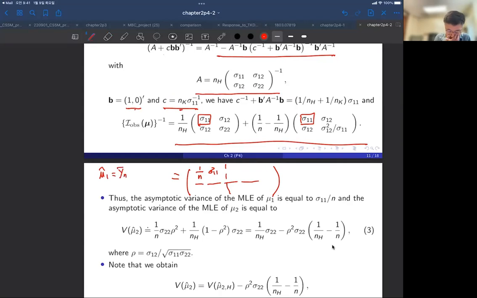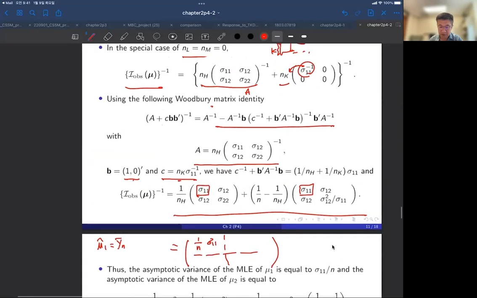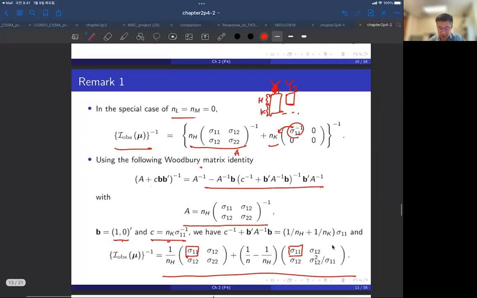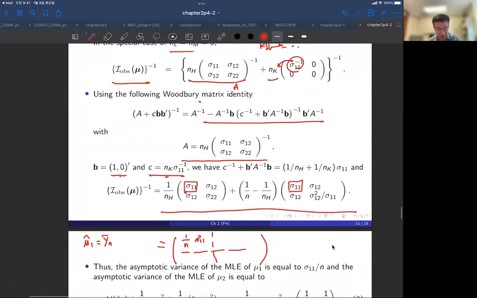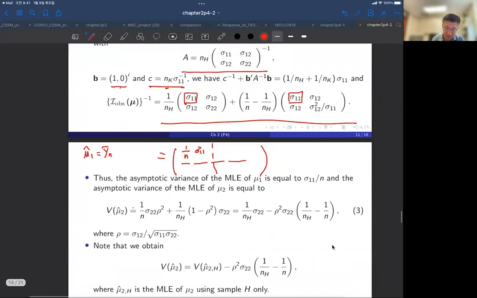And so that is no loss of information. You don't lose anything because you observe everything, you have a full observation in y1. So that's why you get full information. That's not really the interesting part, nothing to discuss further.